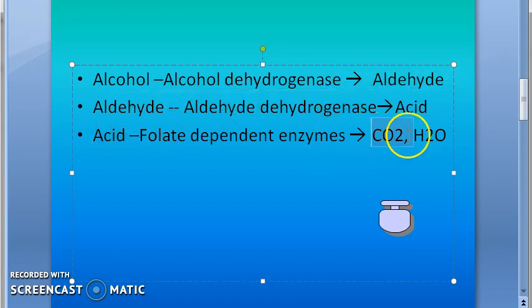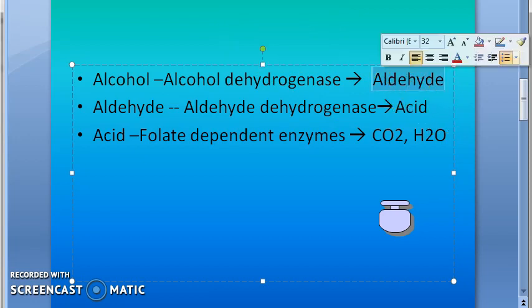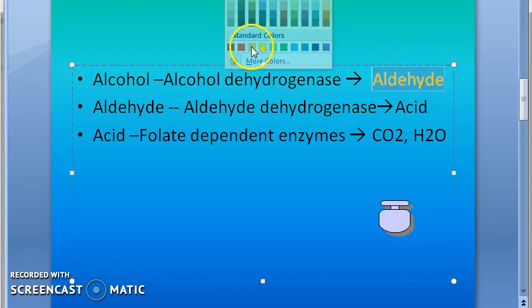Acid further becomes water and carbon dioxide via folate dependent enzymes. All these you have to remember because the treatment will be based on this, because the toxic metabolites are formaldehyde and formic acid. These are the toxic metabolites which we have to remove. You got it right. Aldehyde and acid are the toxic metabolites.